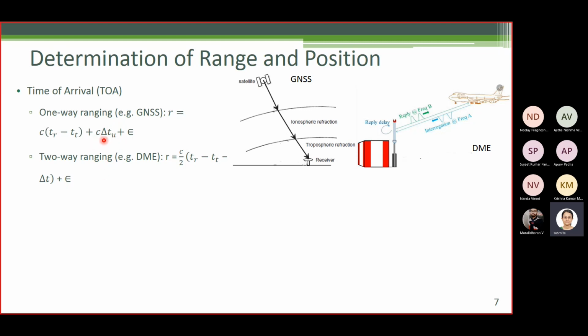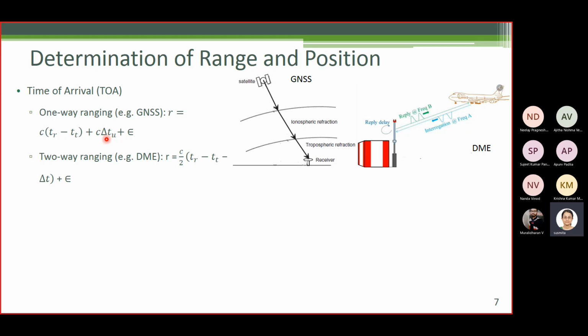Now, how does it help? We discussed that in 2D, we need a minimum of 3 transmitters. If we have an additional term, see, earlier we had 2 unknowns, right?